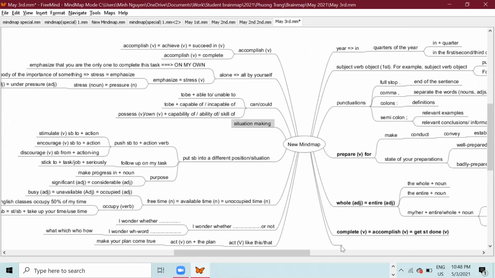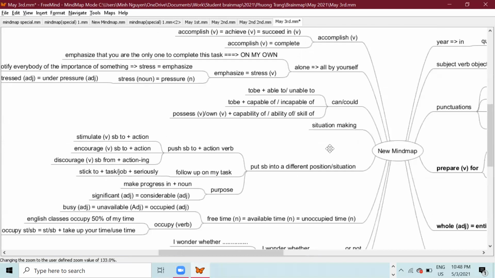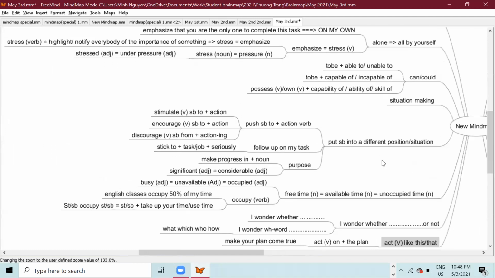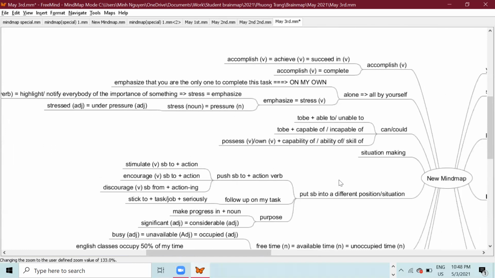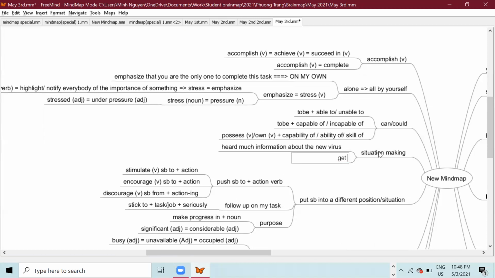In the very first quarter of 2020, people heard much information about a new virus, right? It has just attacked the world. Many people were attacked by it, and the whole business in the world got stuck, and school had to be stopped temporarily.